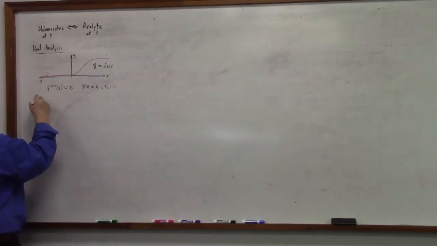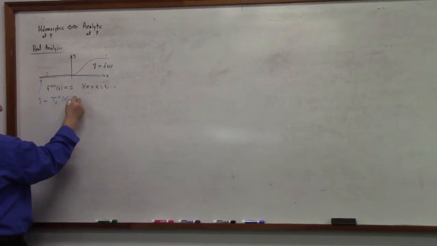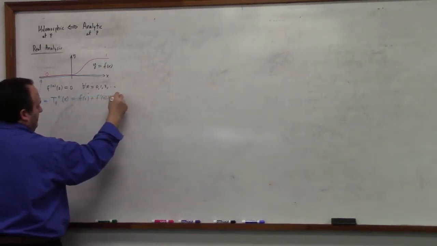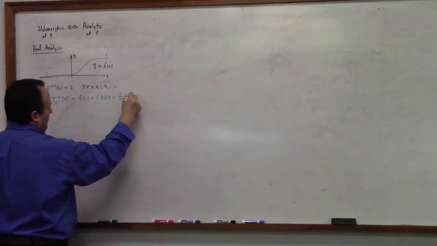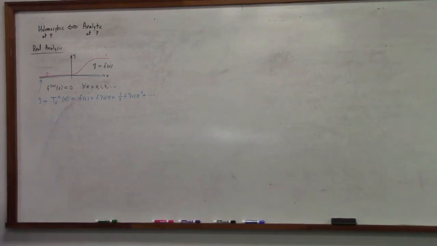So this is y equals the Taylor series for f centered at 0 of x. If you have a function which is smooth, then you can define its Taylor series by building the power series from the derivatives of the function appropriately weighted, divided by n factorial.